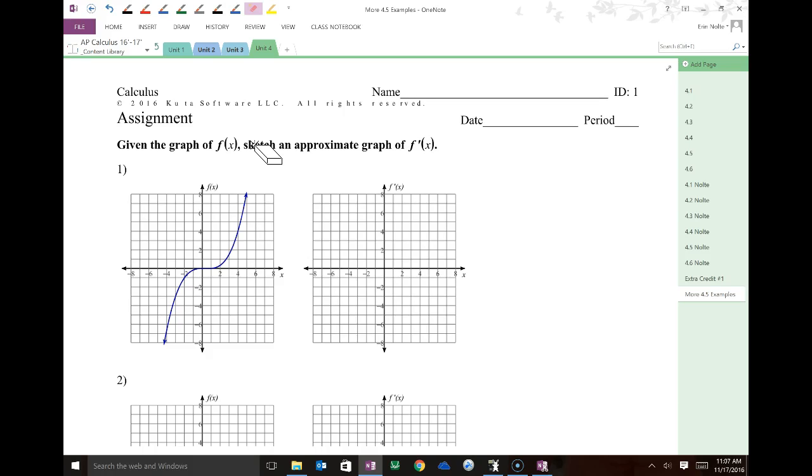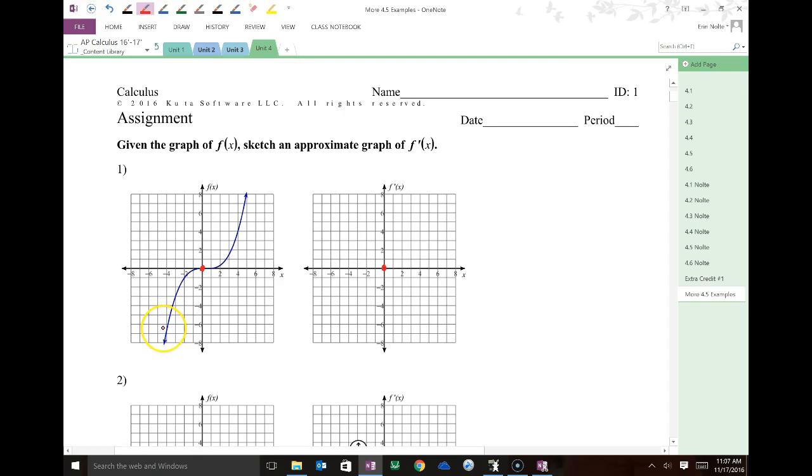For this example, we have a slope of 0 right at 0. So we can graph that point, and then I'm going to analyze the two sides. Remember, I'm analyzing the slope.